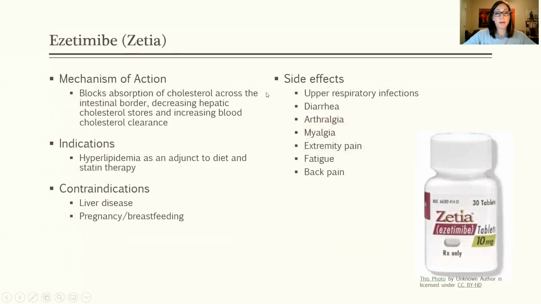Zetia is another medication that is commonly used a lot of times in conjunction with a statin medication. It acts by blocking the absorption of cholesterol across the intestinal border, and it decreases the hepatic cholesterol stores and increases blood cholesterol clearance. It's, of course, indicated with hyperlipidemia as an adjunct to diet and statin therapy.